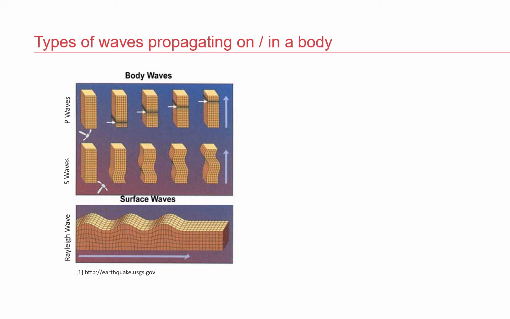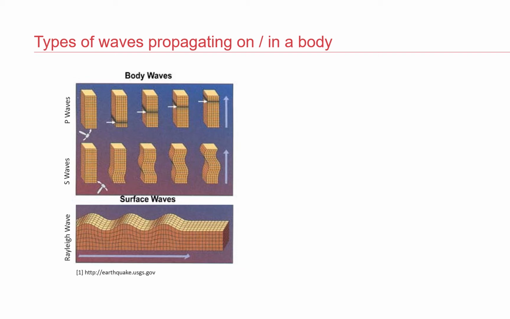Now that we are able to visualize the waves in the images, let's talk about which waves may occur in the medium. In a solid body, there are two types of waves that can appear. First are the body waves, and there especially the P waves or longitudinal waves, which normally travel at a specific speed of sound.